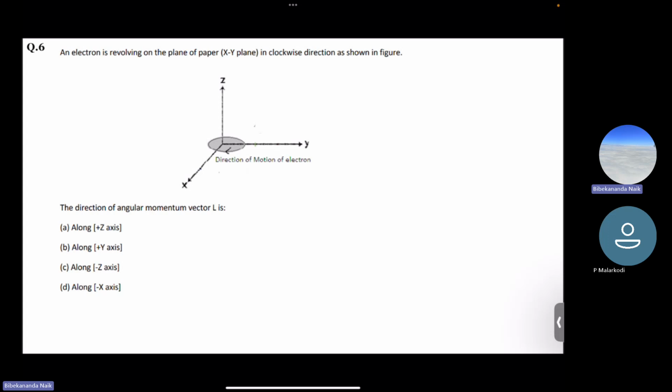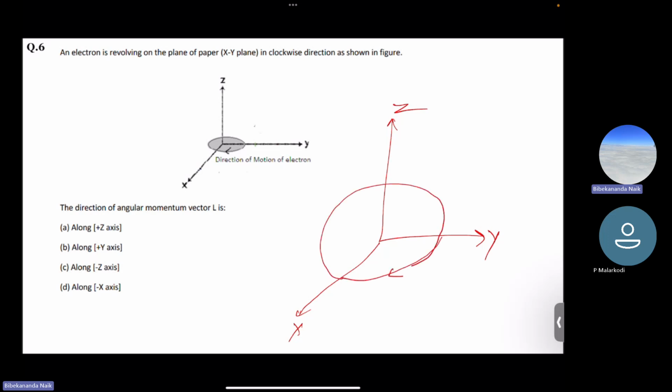So this is xy plane, this is z, this is x, this is y. So it is moving like this from y to x. It is moving along this direction, which is clockwise direction. So we need to find out the direction of L vector, that is angular momentum vector L. I'll give you a few minutes to think about this question and then we will discuss.